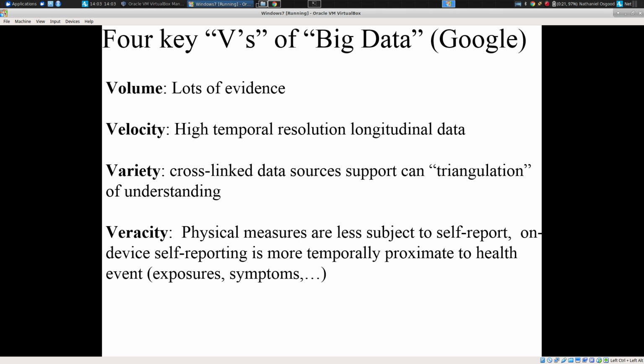Compared to traditional epidemiological data sources, velocity can be very high. The data arrives quickly, and that turns out, from a dynamic modeling perspective, to be probably more important than just volume. Volume is one thing. Velocity starts to align it with the types of dynamic pictures we get in the context of our dynamic modeling.